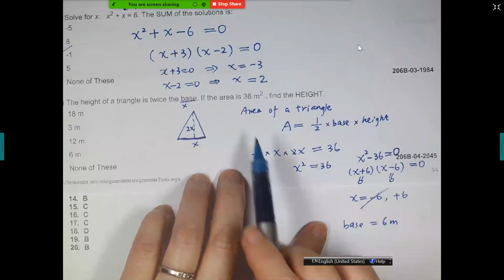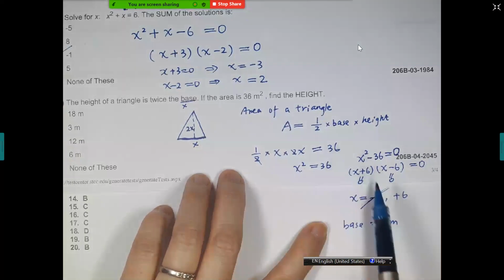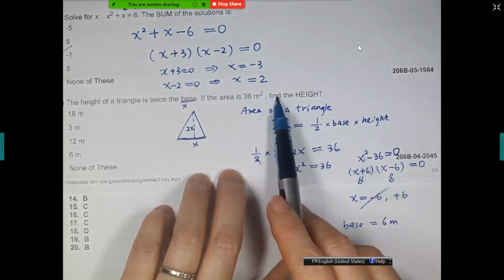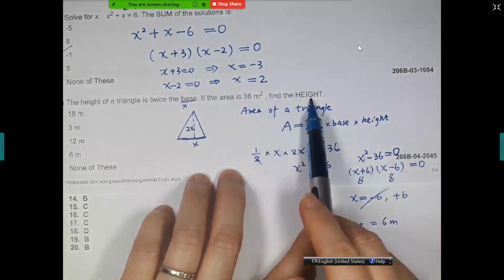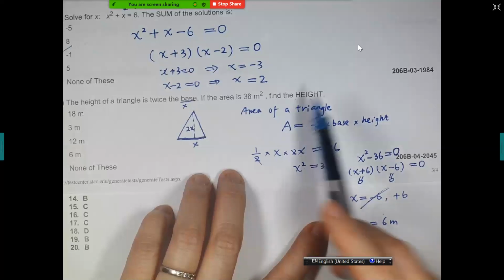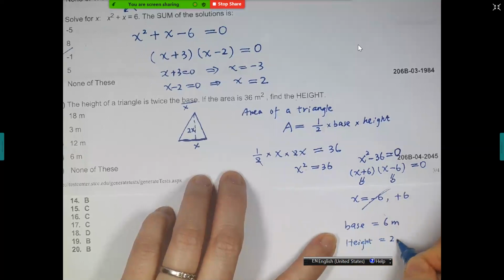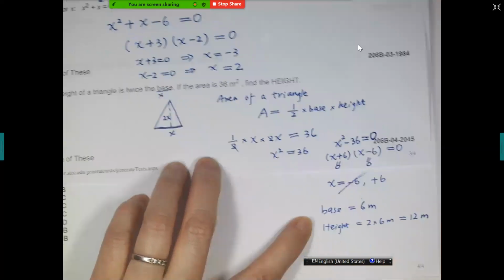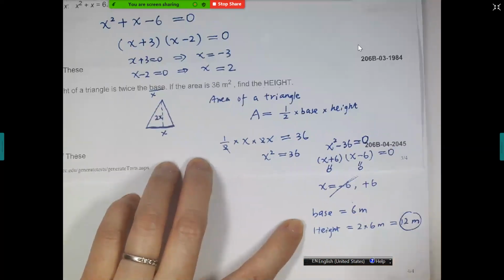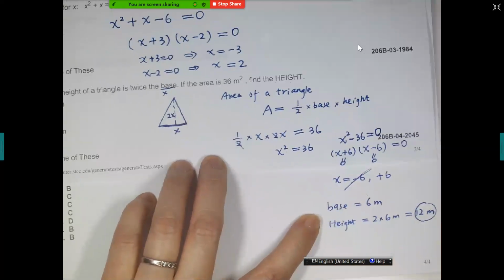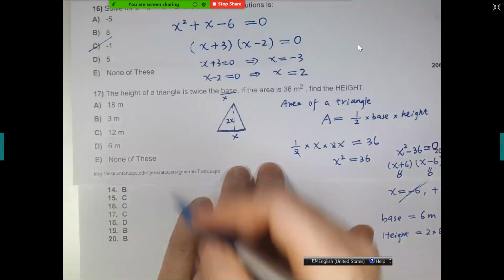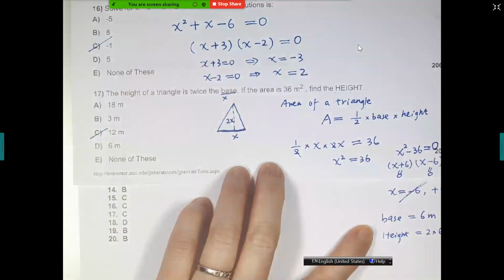Then we go back to the problem, check what we are asked to do: find the height. Okay, are we done? Not yet, because the height equals 2 times the base. 2 times 6 meters, that should be 12 meters. And then that will be the answer we are looking for. The height is 12 meters, and C is the right answer.